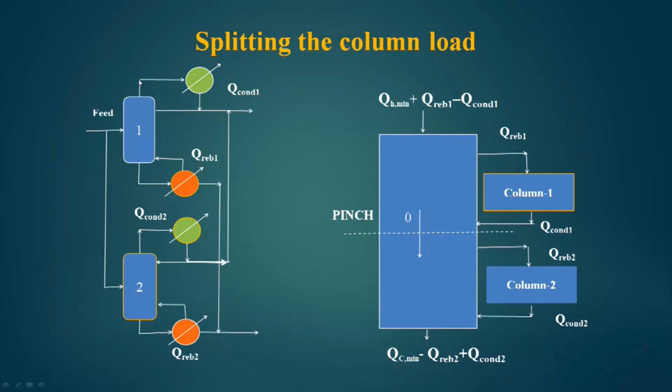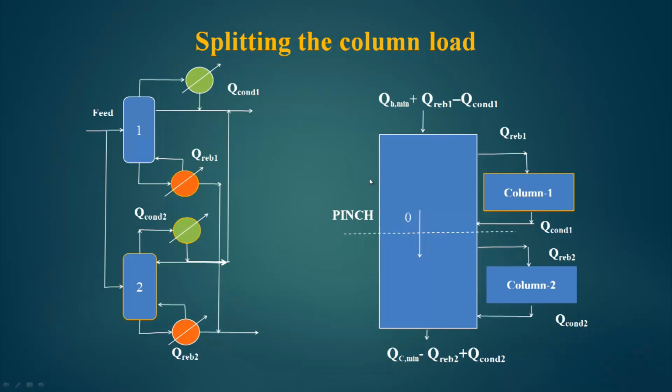Now, as far as splitting is concerned, there are two different distillation columns here, and their products are then joined to get the final product. These two columns can be operated at different pressures such that the evaporator, that is reboiler, and condenser temperatures of one fall in the area above the pinch and the other fall in the area below the pinch.